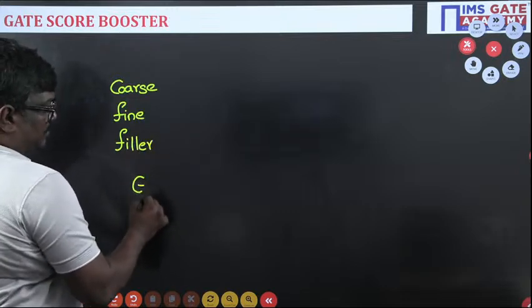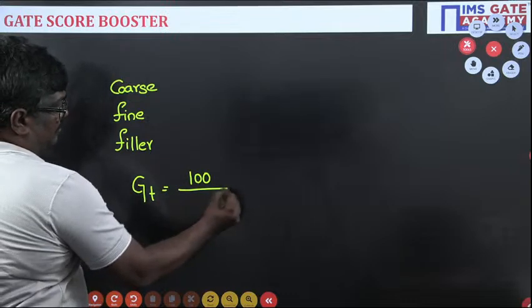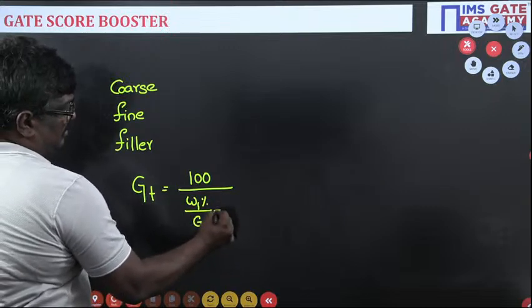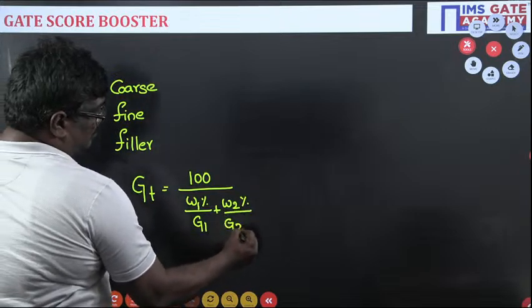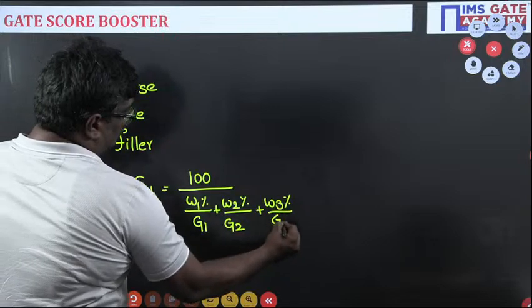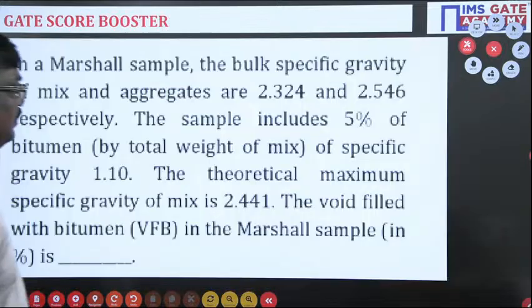So the bulk specific gravity GT is given by the formula 100 upon W1 percentile upon G1 plus W2 percentile upon G2 plus W3 percentile upon G3. Here, if you see the percentiles, how much, sir? 55, 40 and 5.